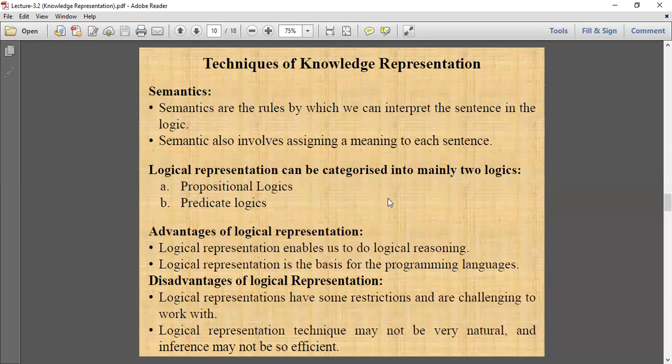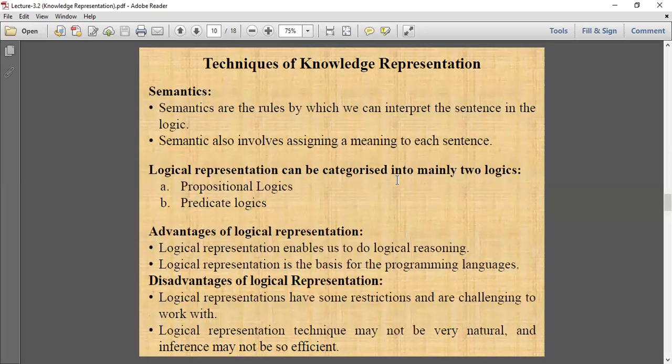Semantics. Semantics are the rules by which we can interpret the sentence in the logic, and semantics also involves assigning a meaning to each sentence. Logical representation can be categorized into mainly two logics: propositional logic and predicate logic.